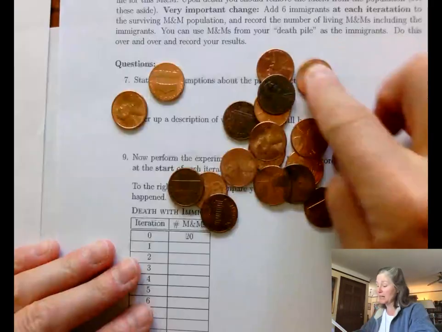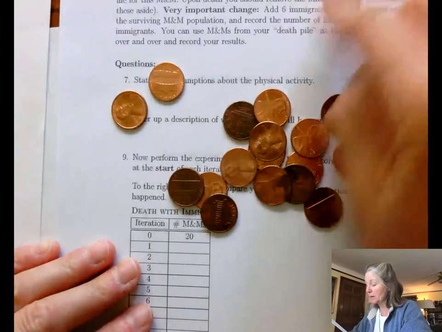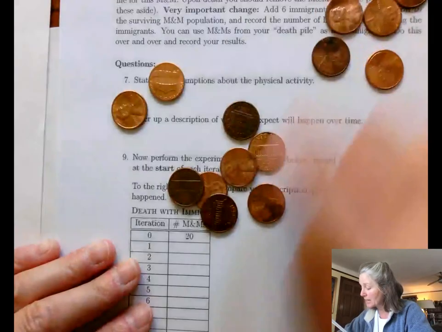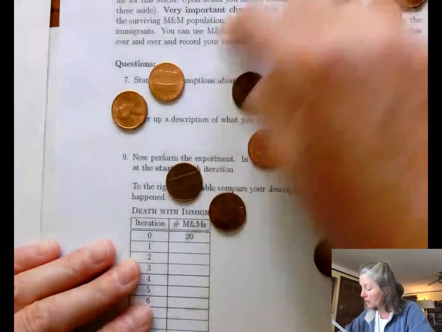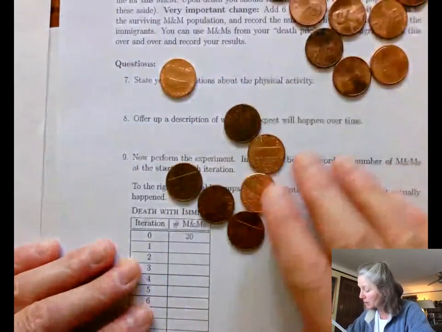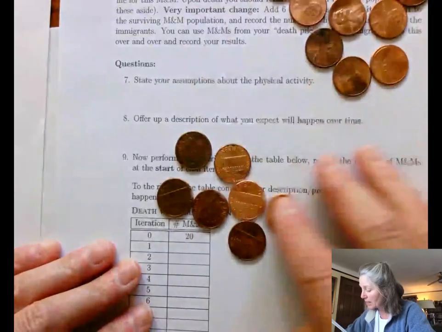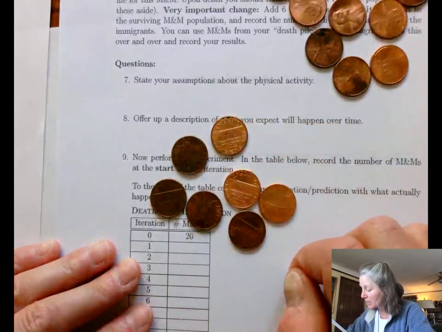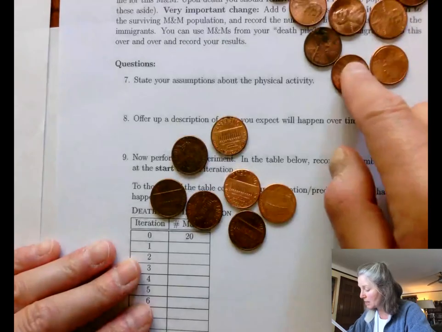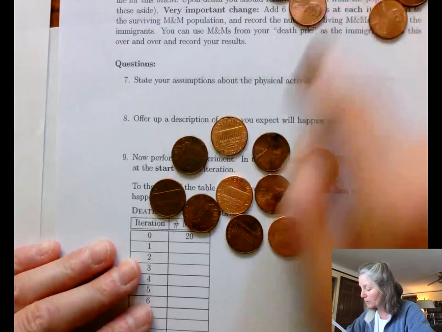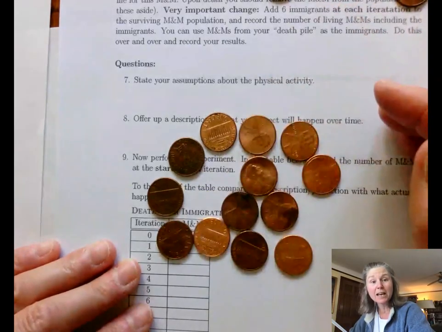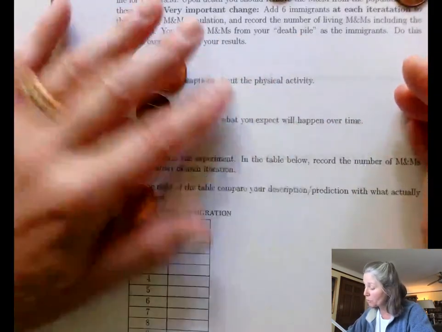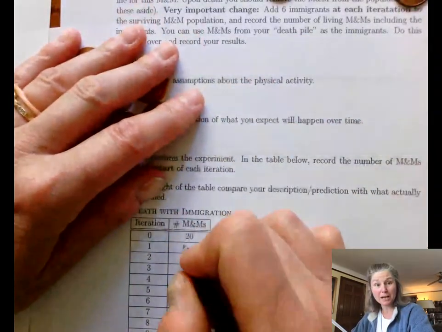So I'm going to shake this up. I'm going to shake my pennies out. The ones that were heads up are going to die, so I'm going to take those out of my population really quickly. Those live, die, die, die, die, die. All right, so this time I ended up with 1, 2, 3, 4, 5, 6, 7 surviving pennies, but now I've got to do the immigration, so I'm going to take 1, 2, 3, 4, 5, 6 back in.